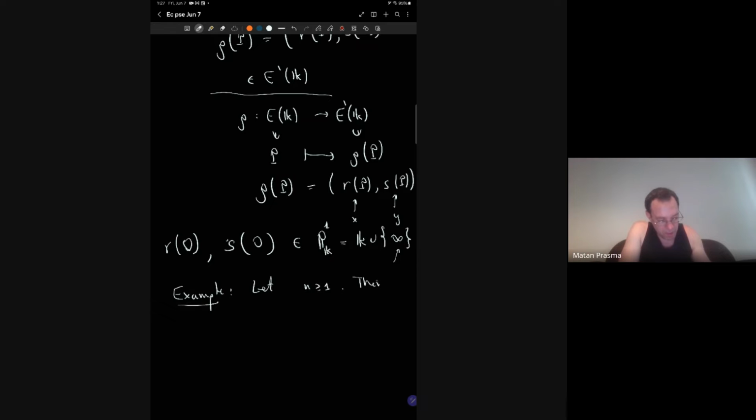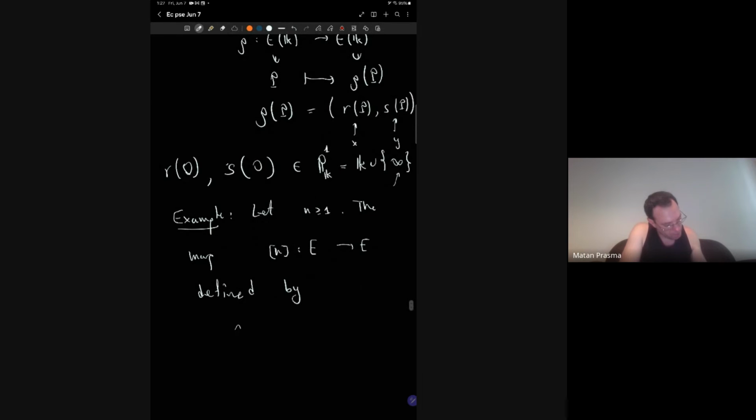And the map bracket n from E to E, defined by P goes to nP, is a rational map.